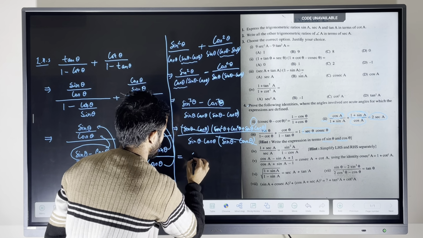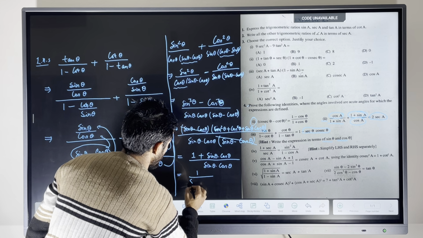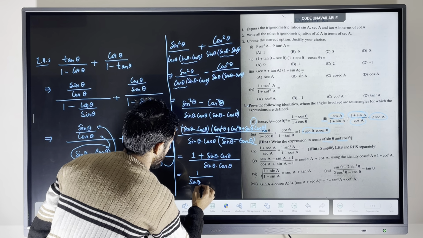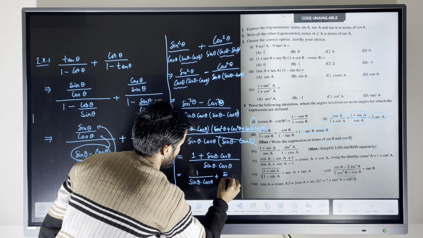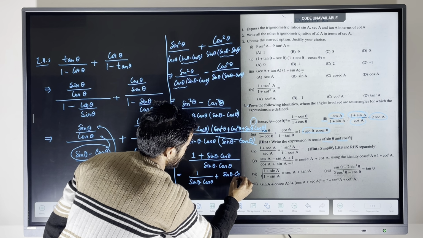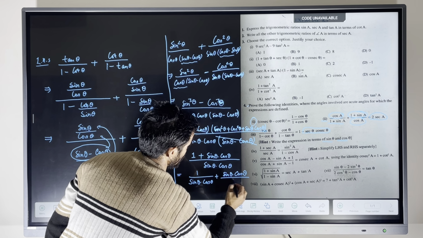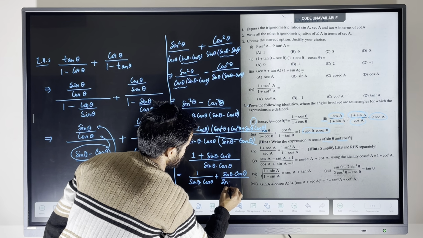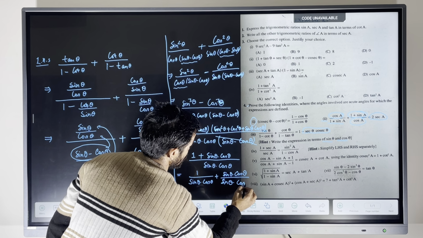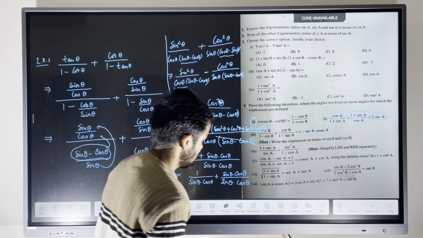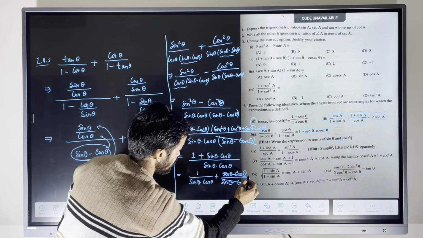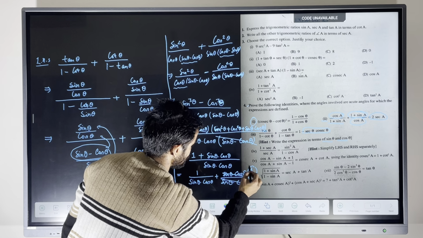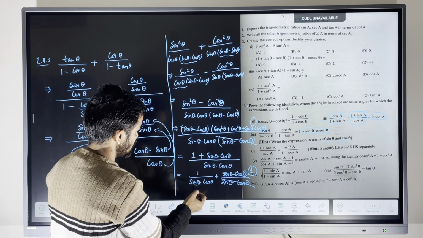Now if we split it, it will be 1 upon sin theta into cos theta plus sin theta into cos theta upon sin theta into cos theta. Now this sin theta cos theta will cancel out each other, so here we are left with 1. Okay. And now 1 upon sin theta, 1 upon cos theta.